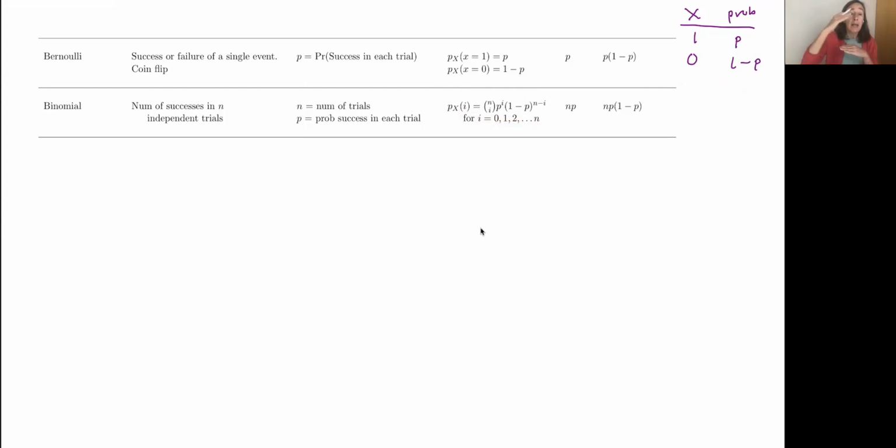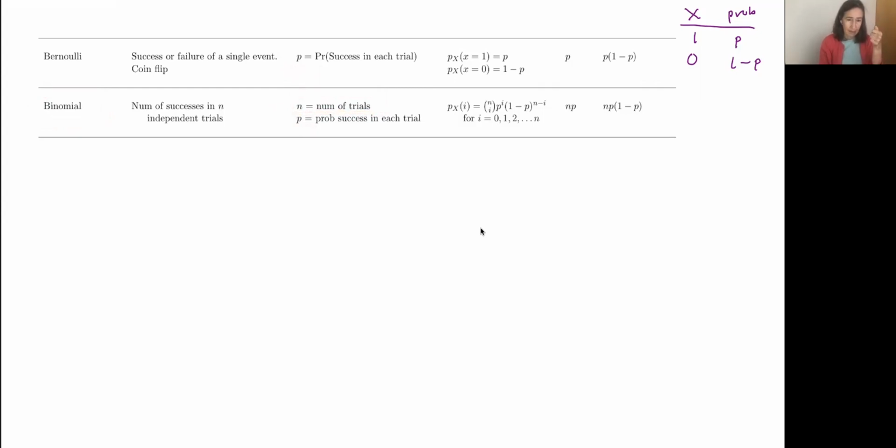If we do n Bernoulli trials, what is the probability that i of them are successes? The answer is given by the binomial random variable. The binomial random variable has the same parameter as the Bernoulli trial it's based on, but we also have another parameter that tells us how many trials there are. So how many times are we flipping that coin?